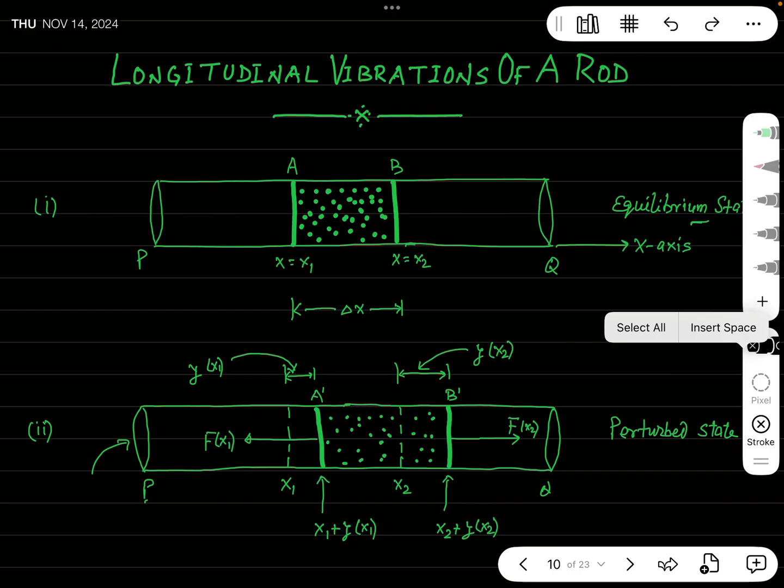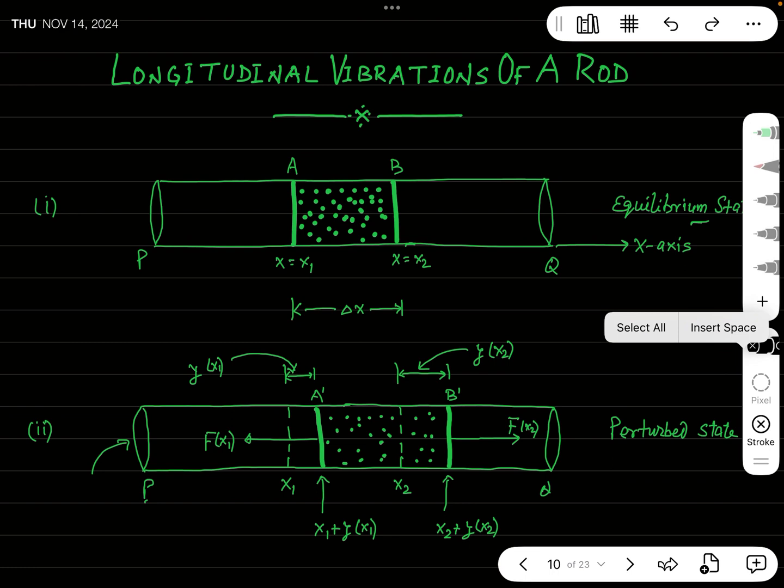Okay? Now, as I have told you that in this present lecture our aim is to find only the equation of motion. But our prime aim or prime problem is what? Our prime problem is to find the frequencies of the normal modes of vibration of the rod. Okay?